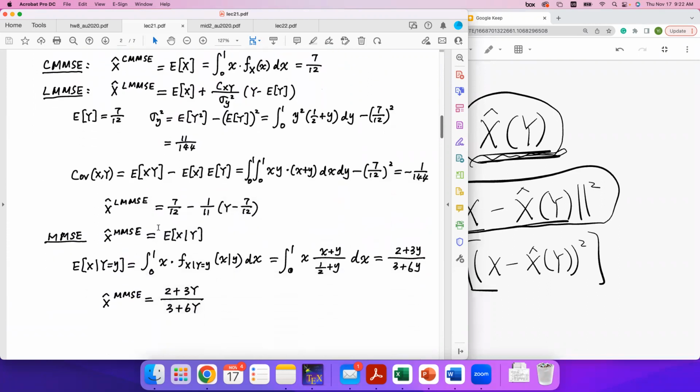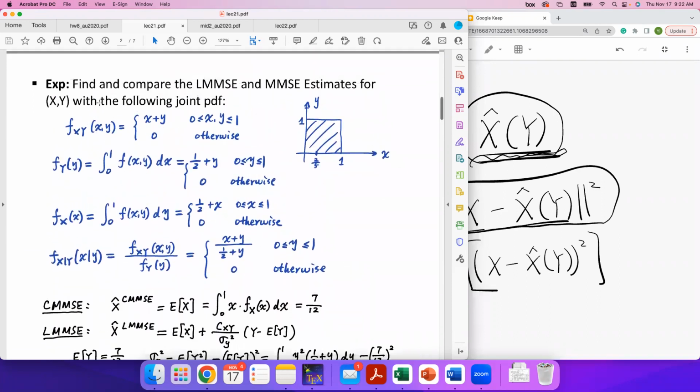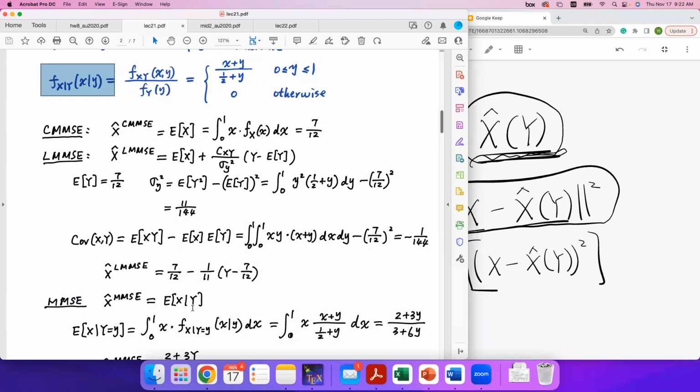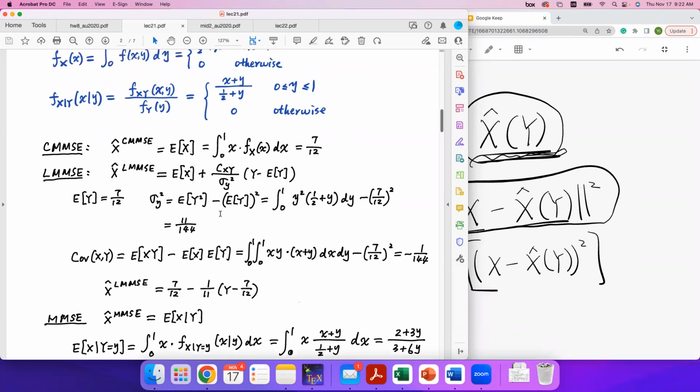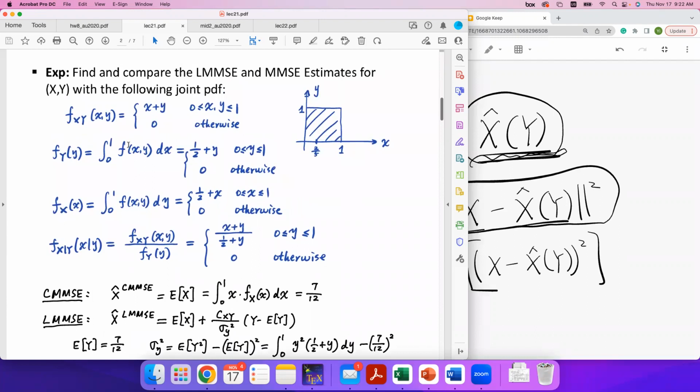For the MMSE, you just need to calculate this conditional expectation. Given this joint PDF, you can calculate the conditional PDF, and then the conditional mean. So everything reduces to calculating the statistics of these random variables and doing some marginalizations of the joint PDF.